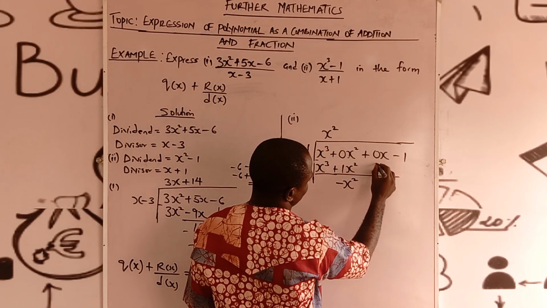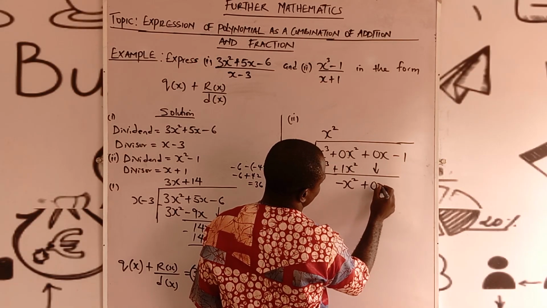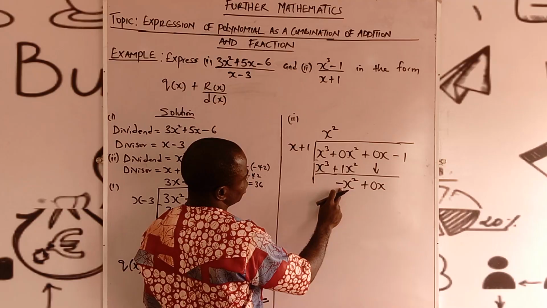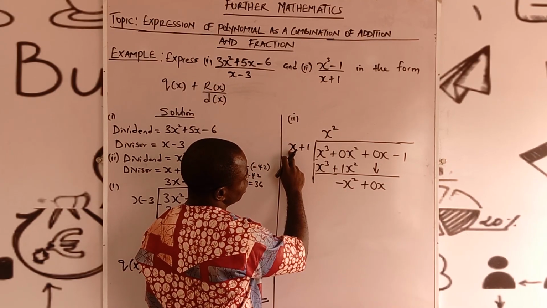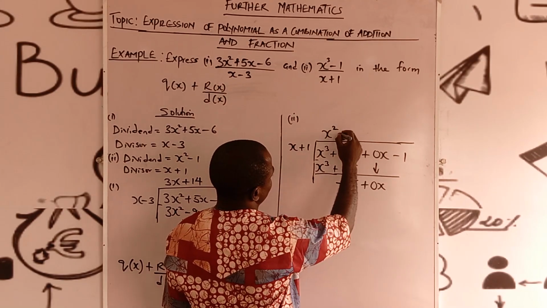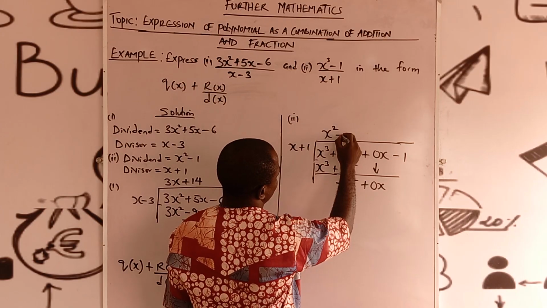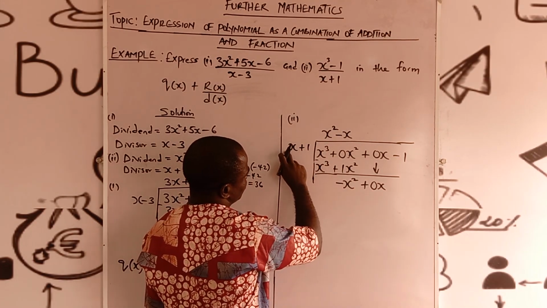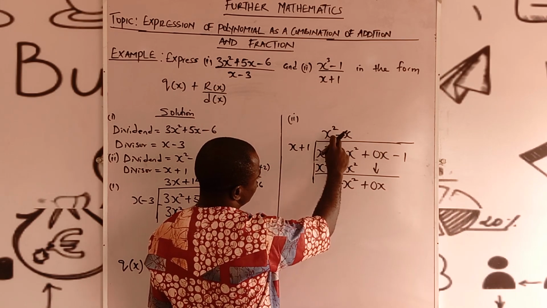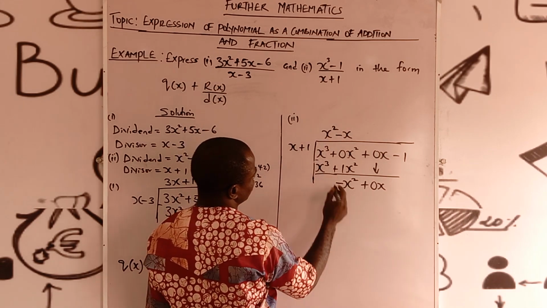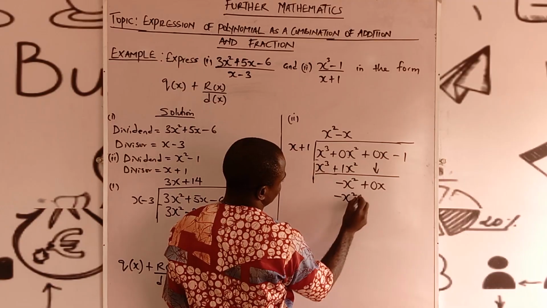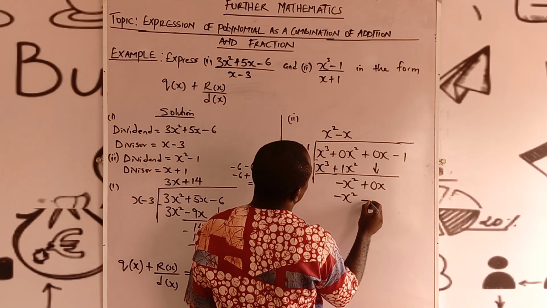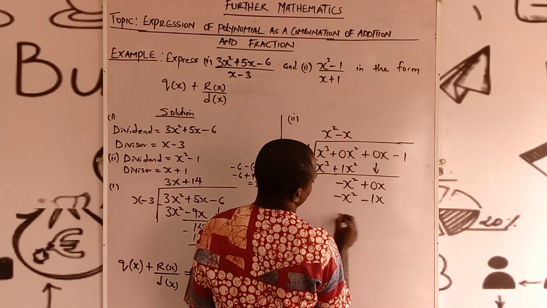Okay, bring this one down, plus 0x. What can you multiply with x that will give us minus x squared? That's minus x, because there's one x here and we have a negative here. X times minus x is minus x squared. 1 times minus x will give us minus 1x.